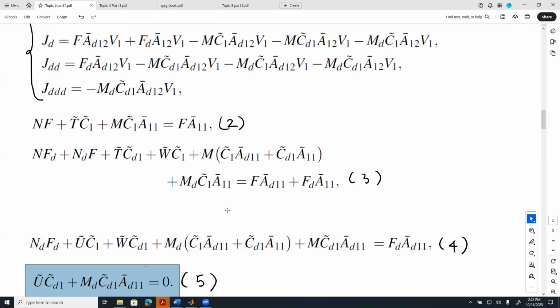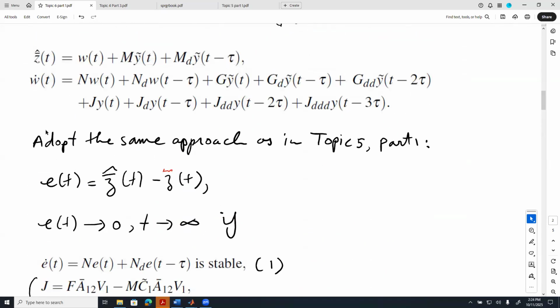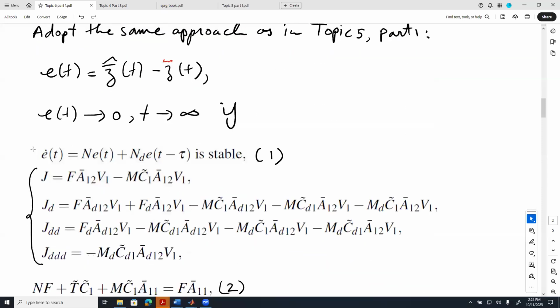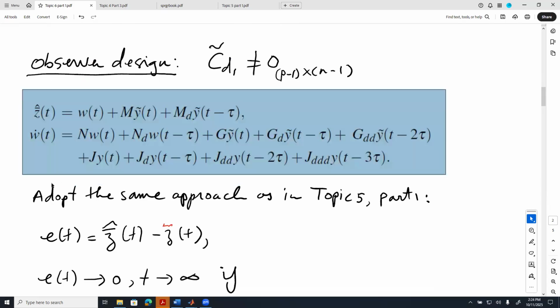So in summary, it is relatively easy to derive the existence conditions for this observer based on the same approach that we adopted in topic 5, part 1.